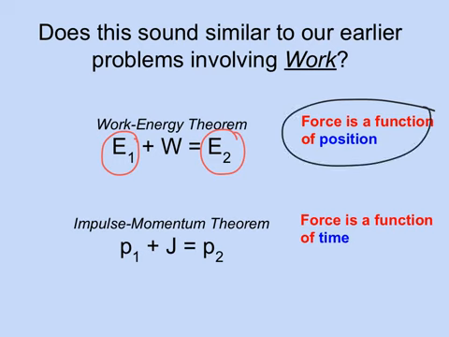But if instead our force function is written in terms of time, then we would think about this a little bit differently. We would want to work more with something where time is important. Remember, energy was all just about initial position, final position. It didn't matter the path.